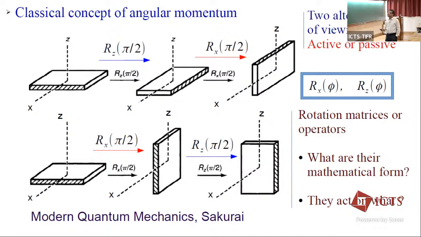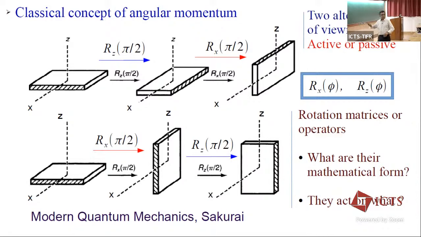Okay, and then in the reverse order, if you rotate it along the x-axis first, then it will look like this, and then the z-axis, then it will look like this. So you can see that in the reverse order, they are not the same. This is the pictorial demonstration of what is called non-commutativity.